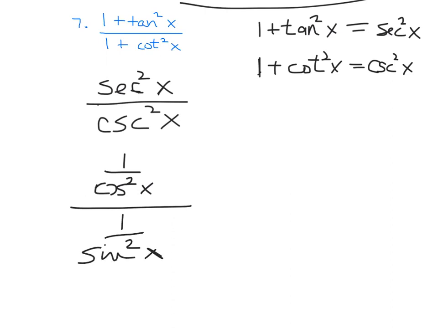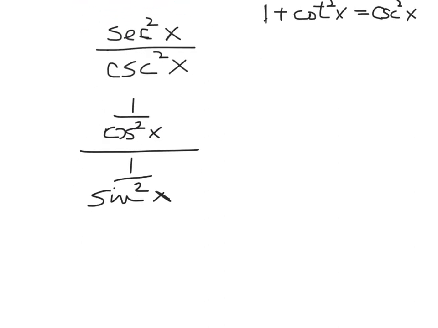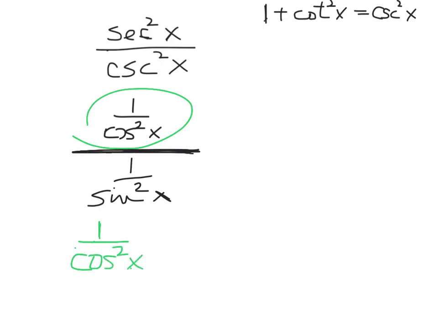So again, remember, you're going to do a keep flip change. So you'll leave the numerator the same. So you could write that as 1 over cosine squared x. The fraction bar is division, so I flip the denominator to its reciprocal. So this will become sine squared x over 1.